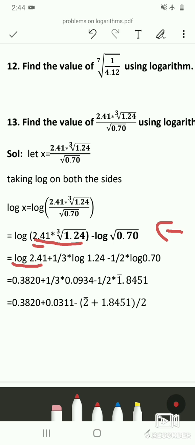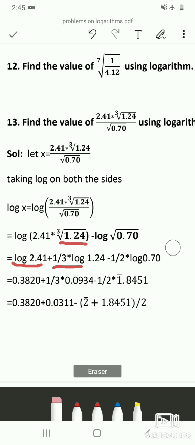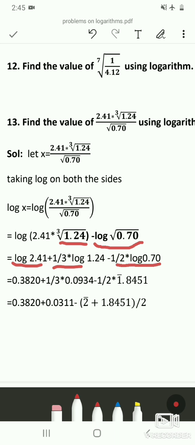So this is log of m plus, here the nth term is again in the form of nth root of m. So you can write it as 1 upon 3 into log of 1.24 using the fourth law, and again by using the fourth law we can write this as minus 1 upon 2 into log of 0.70.